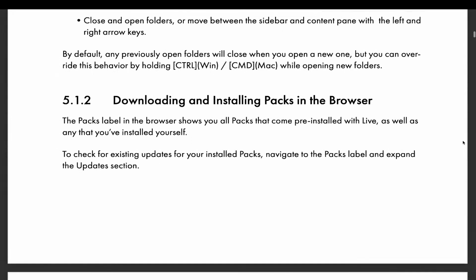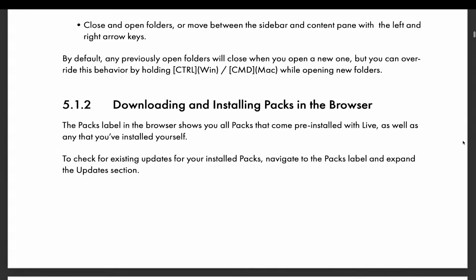Close and open folders or move between the sidebar and content pane with the left and right arrow keys. By default, any previously open folders will close when you open a new one, but you can override this behavior by holding Control, Windows key, or Command Mac while opening new folders.